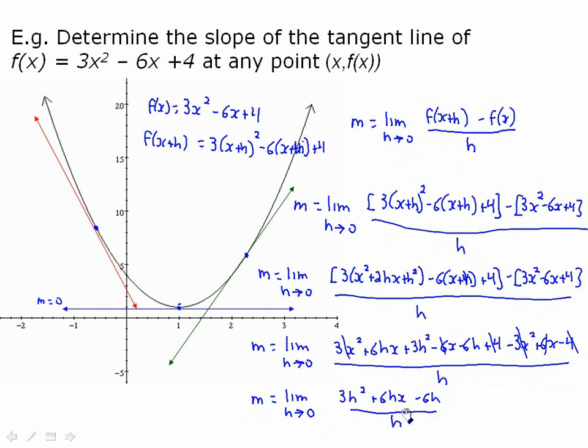And you're probably thinking, as am I, that this is not that unfamiliar of a situation now. We can factor out an h from the numerator and then simplify. Now you're probably thinking as well, why not factor out a 3h? You're entitled to. I'm not going to bother because I look at the denominator and I can see that it's not going to cancel anything out, so I won't bother.